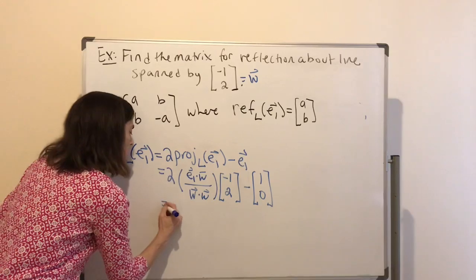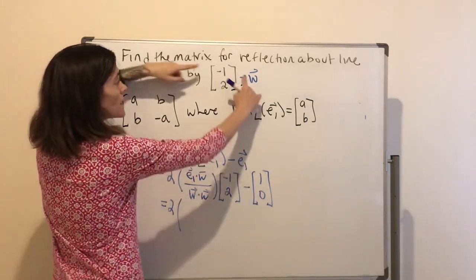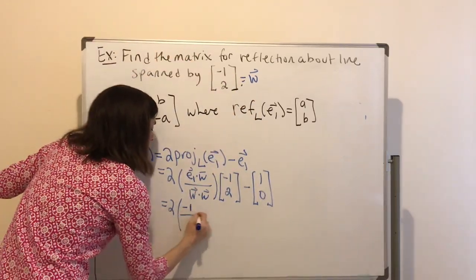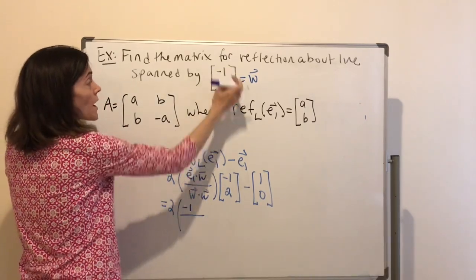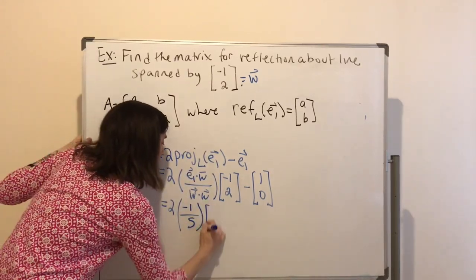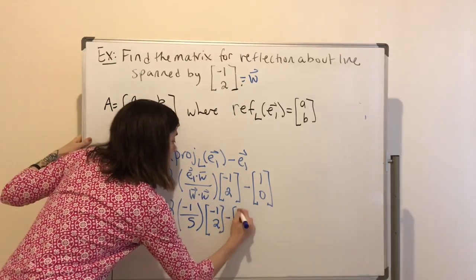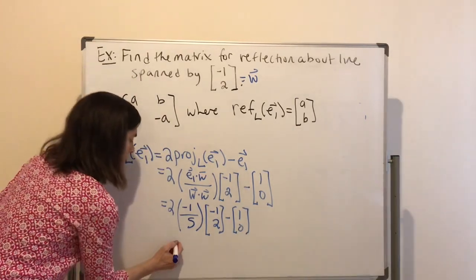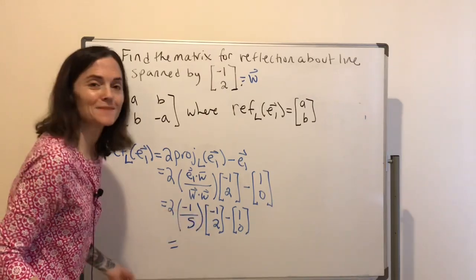Now we just compute this. We'll take E1, which is (1, 0), and dot it with this. You get negative 1. And then W dot W is 1 plus 4, which gives me 5. Now we just have this number times this vector.